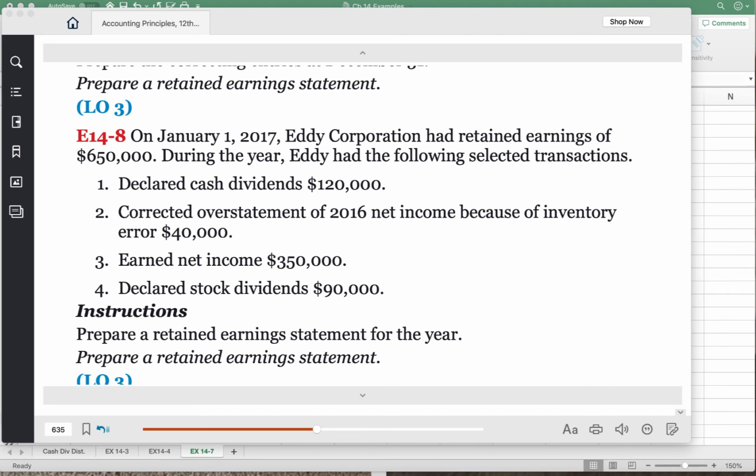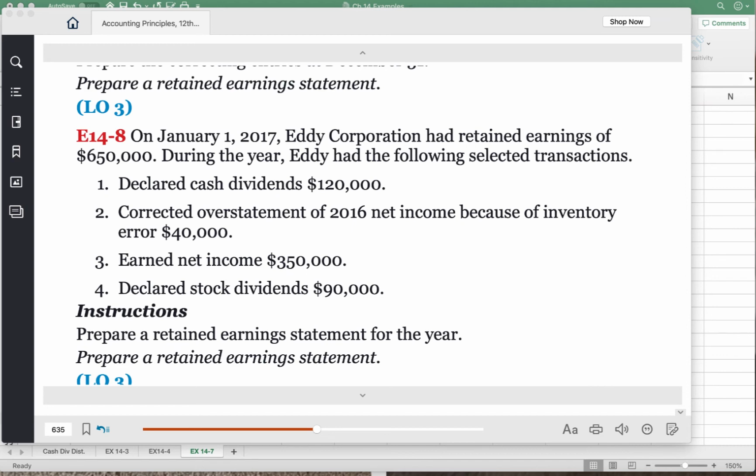On January 1st, 2017, Eddy Corporation had retained earnings of $650,000. During the year, Eddy had the following selected transactions. They declared dividends of $120,000. They corrected the overstatement of 2016 net income because of an inventory error, right?